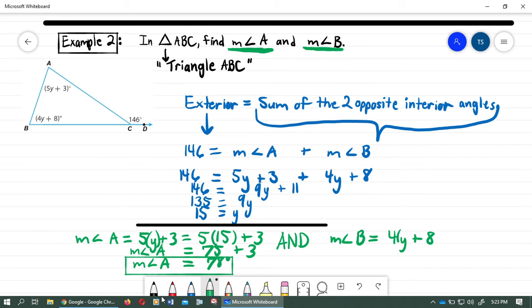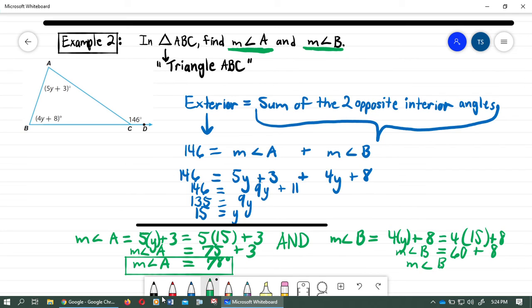And again, folks, if we're going to find that measurement, we've got to plug in the value of y that we found. So this is going to be 4 times 15, which is 60, plus 8. So guys, 60 plus 8 is 68. So the measure of angle B is 68 degrees.